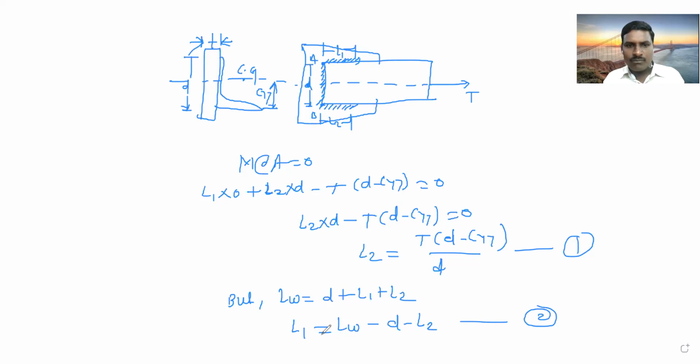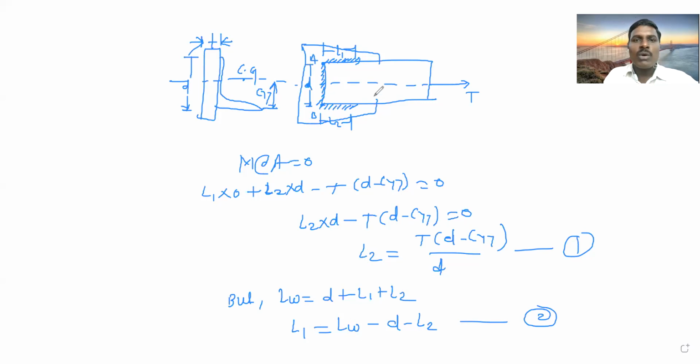Correct, sir. Okay, so in this way we can calculate L2 and L1. D is the depth of the angle that is given in your problem statement, so there is no issue with this D. We only have to calculate L2 and L1.